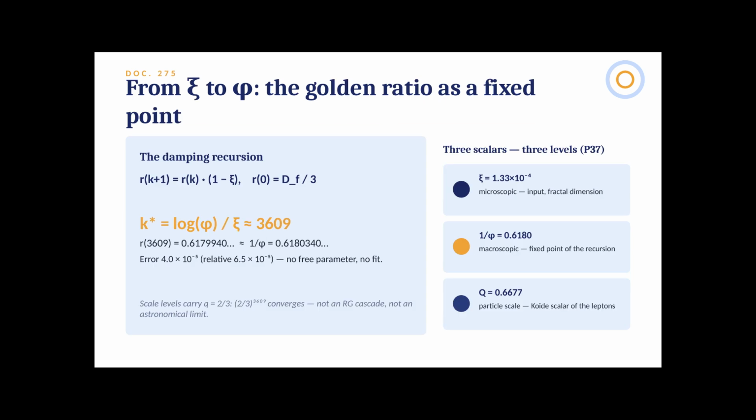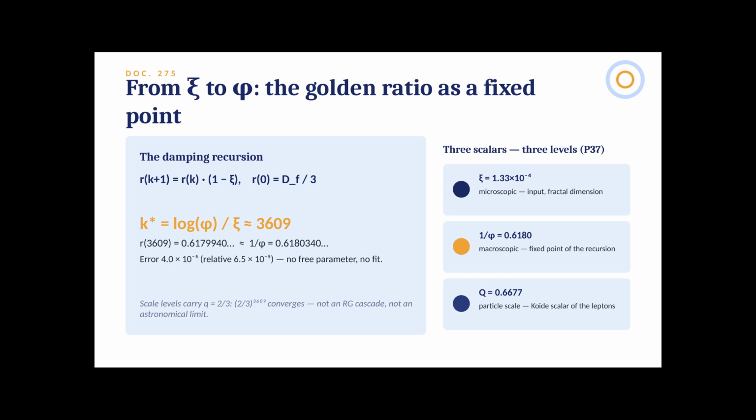Slide 51. Here's a recent intriguing find and a textbook case of the theory disciplining itself. Take a damping recursion. Each step, R is multiplied by 1 minus Greek ξ, starting from R0 equal to D_f over 3.